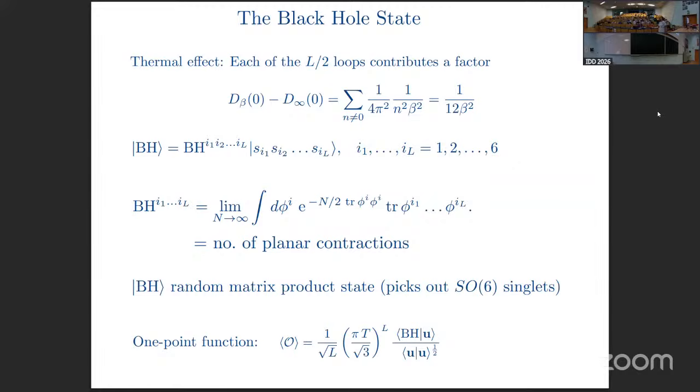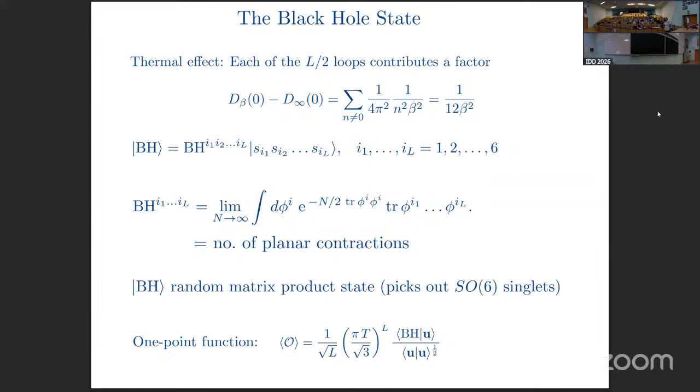And there's no space-time point dependence, of course, because I've identified the two ends of the propagator. So I simply get a product of such loops. There are L/2 of them in total. So my one-point function is this term here to the power L/2, and then I have to count the number of planar contractions in my operator with the contraction rule that I had before.